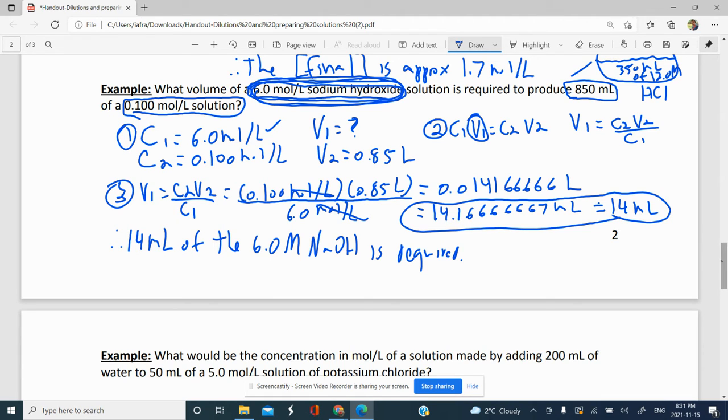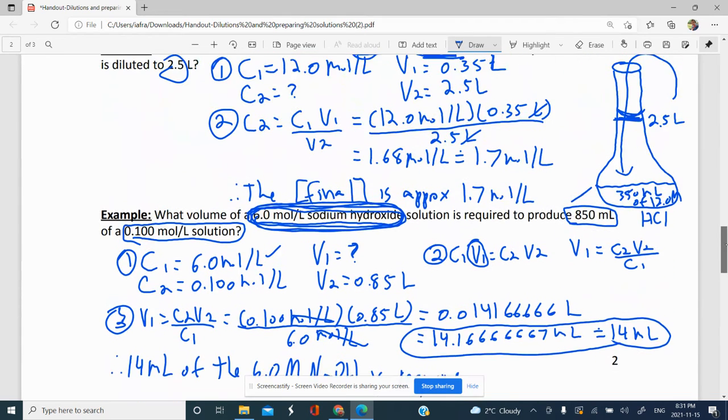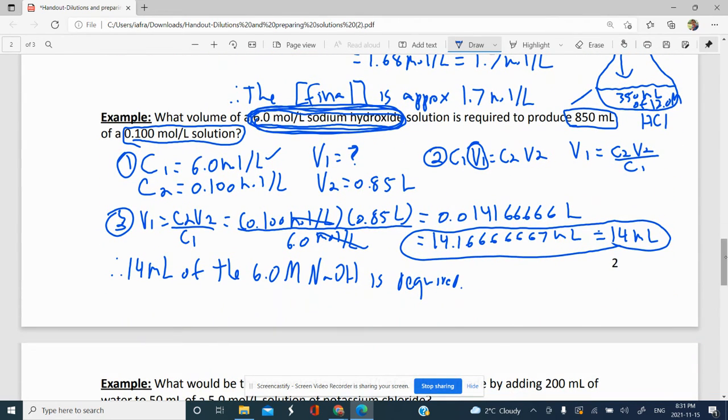So what that essentially means is you took a concentrated stock solution. If I were to just sketch that out a little bit, let's do it over here. I'm just going to draw it in a beaker. This is your 6.0 molar NaOH. You took 14 mL of it and put it in here in the volumetric flask.